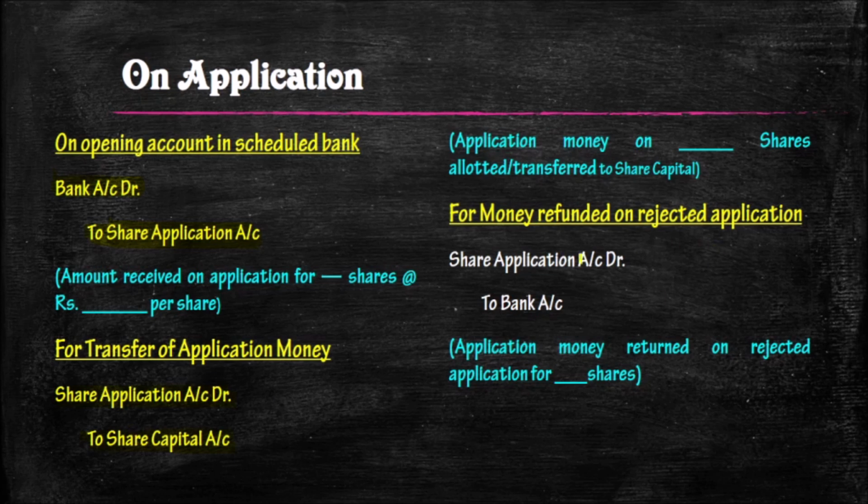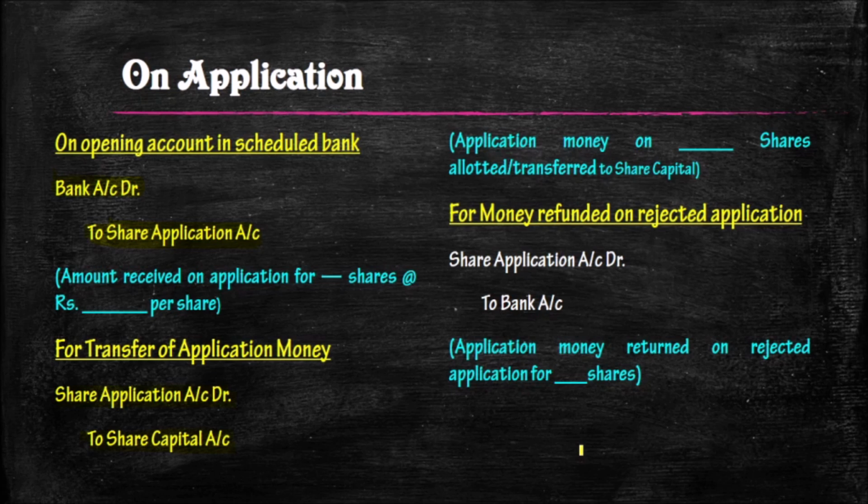And the last entry is for money refunded or rejected on application. Sometimes the company will reject excess applications. How are they rejected? Suppose my company issued 10,000 shares, but the public applied for 12,000 shares.